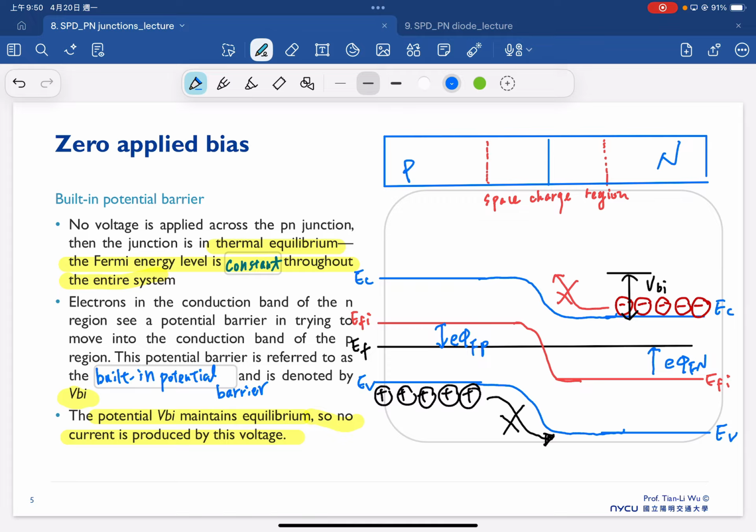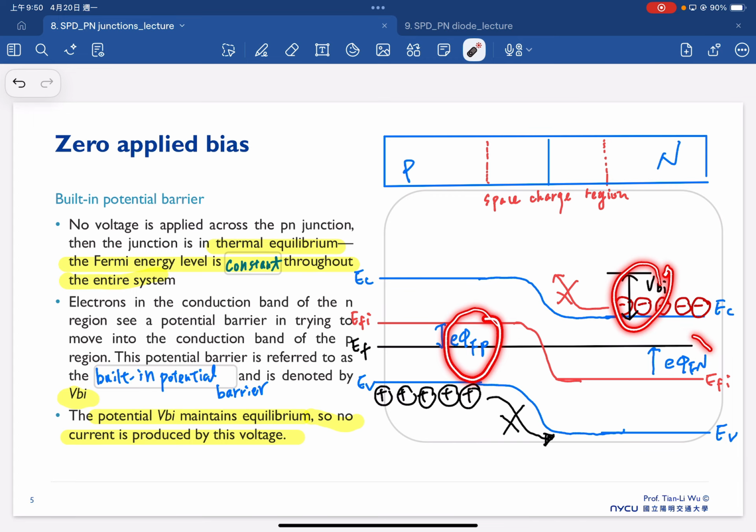So therefore, the built-in voltage here is equal to this plus this one.